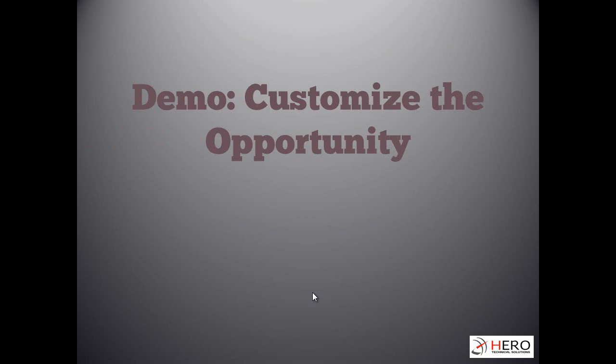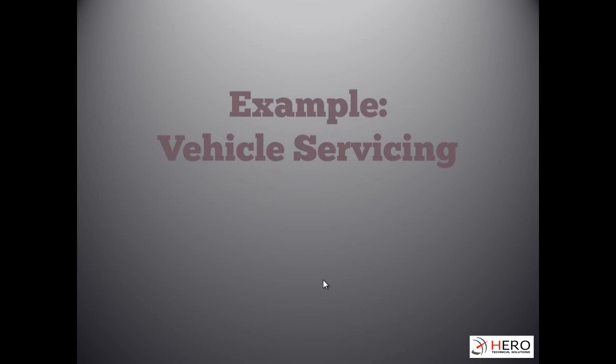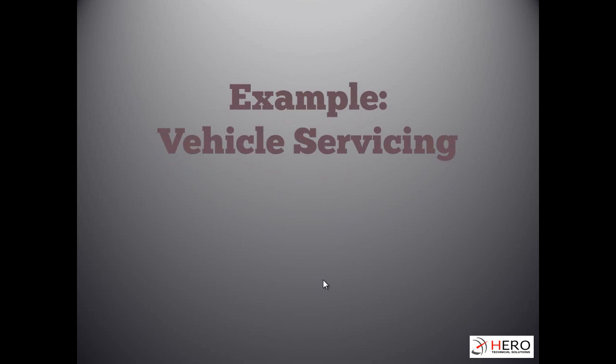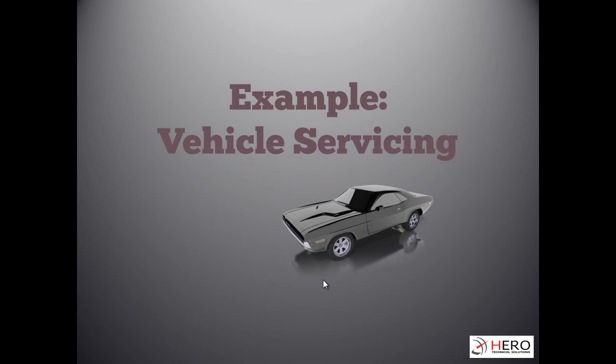And so what we're going to look at here is a demo of customizing the opportunity, and I'm going to show you an example that would involve vehicle servicing. So in place of an opportunity, what we're tracking is a vehicle. And for that vehicle, we might want to know when it's due for service, so we might track the mileage and the next date that it's due for service.